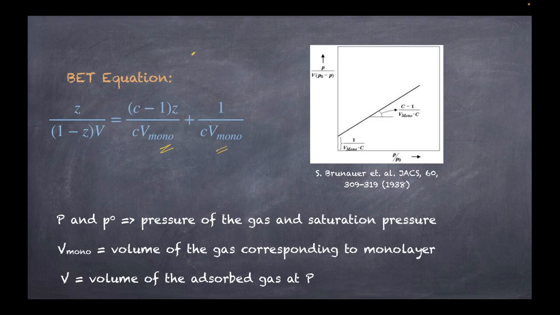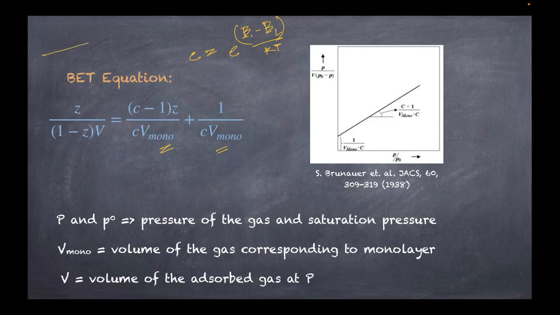But C is a constant, and C is basically exponential of (E1 minus EL) divided by RT, or kBT. Now what is E1? E1 is basically the heat of adsorption for the first layer.